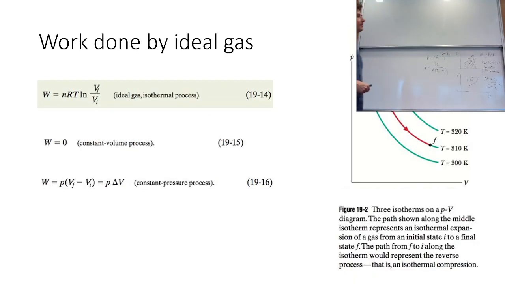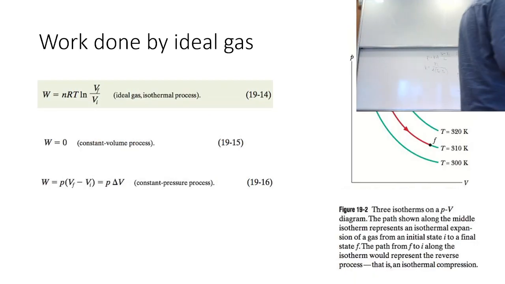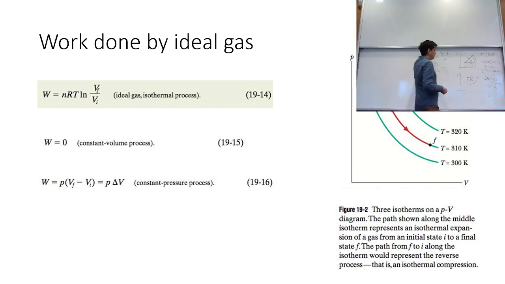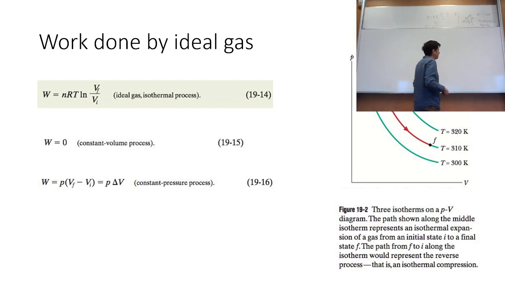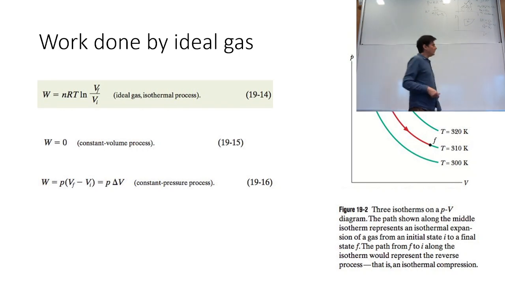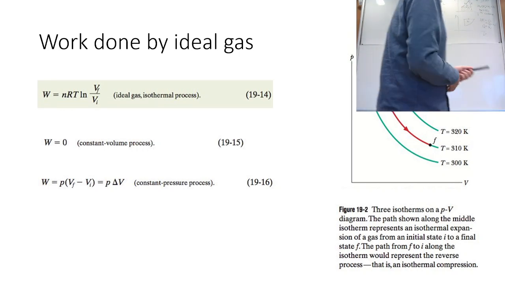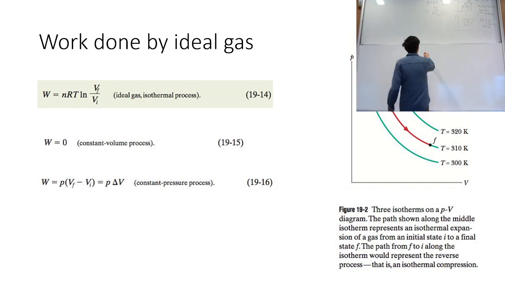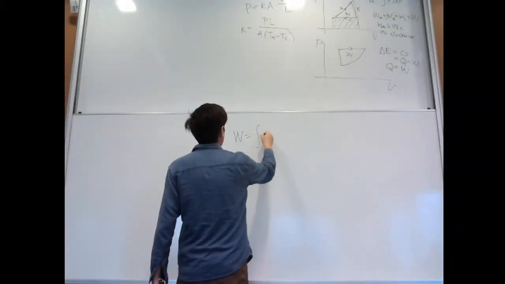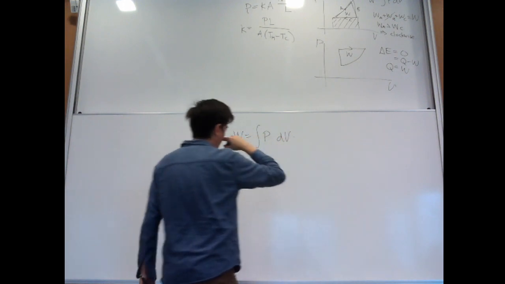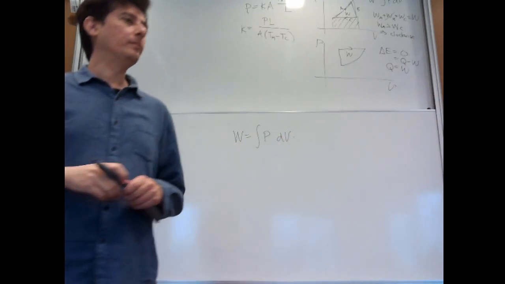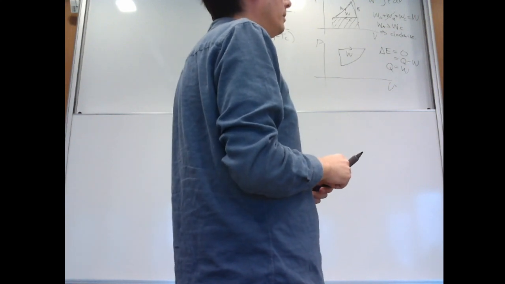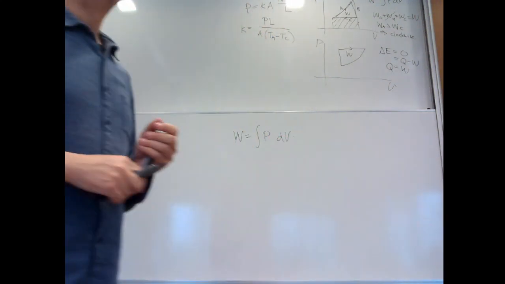Okay, so we worked out in the last chapter, chapter 18, that the work done by gas is the integral of the pressure with the volume. So we can work out, using this ideal gas law, what the work is.